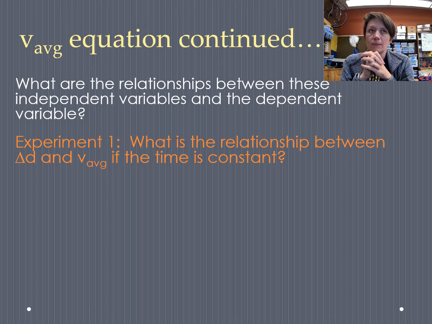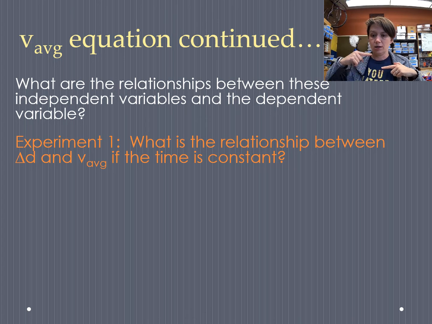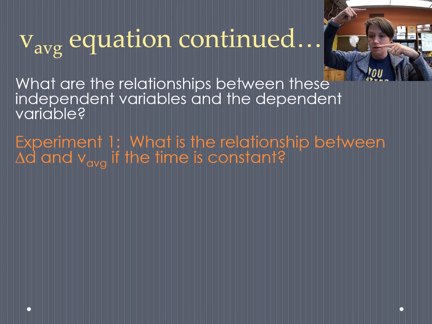In other words, if I have a really fast car and a really slow bicycle, if they both travel for 1 minute, what will we see? We know the car has a higher average velocity than the bicycle, so let's see what we're going to see. Here they are, car and bicycle. There's the car, there's the bicycle.